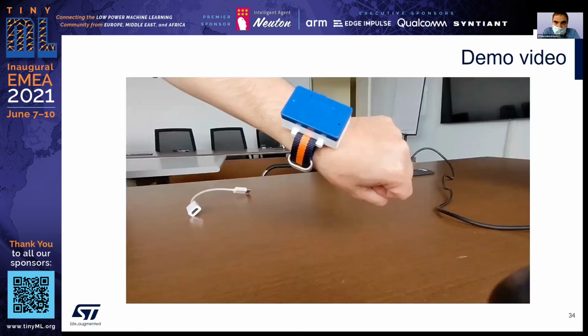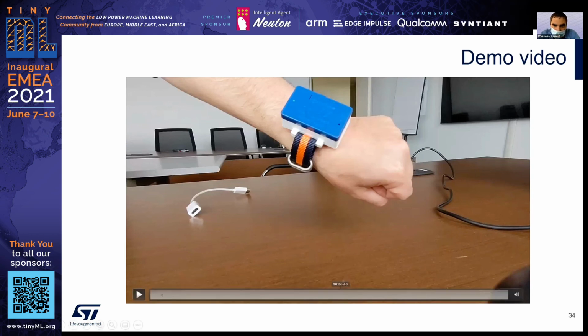So here, as you can see, in this demo I used the SensorTile.box with the case, worn at the wrist, because all the training of the neural networks was done with this setup. And so in order to have the best performance with the algorithms, it is better to reproduce the same setup. I'll try to start the video here.